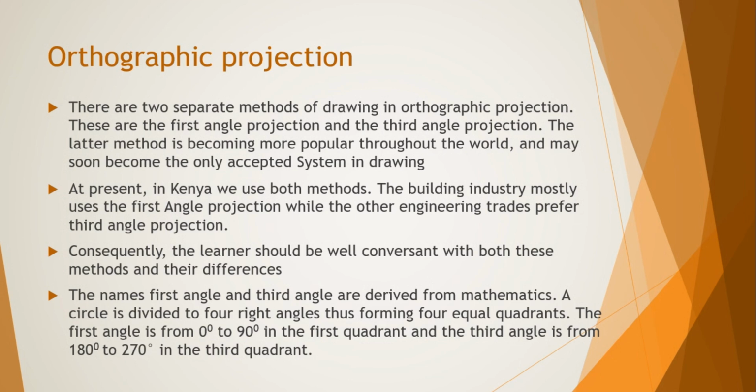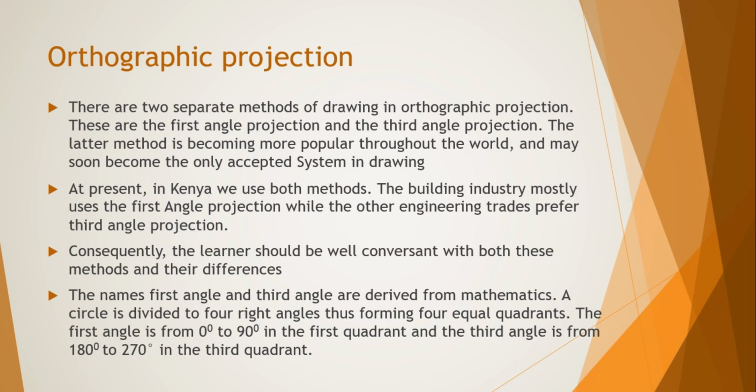First, let's discuss orthographic projection again. There are two separate methods of representing orthographic projection, the first angle and the third angle orthographic projection. The third angle orthographic projection is becoming more popular in the world and might become the only accepted system in drawing.